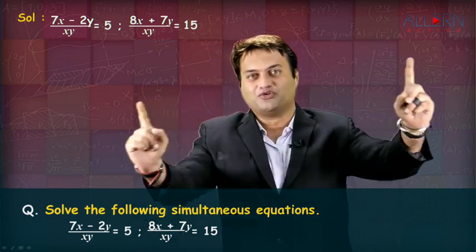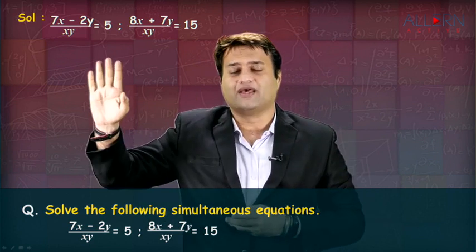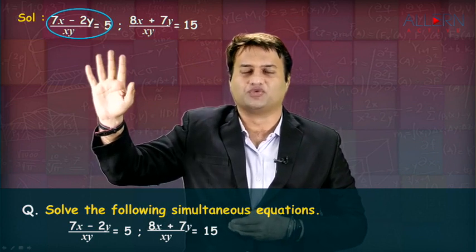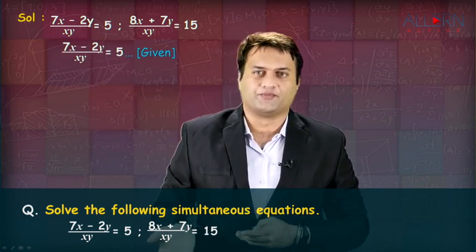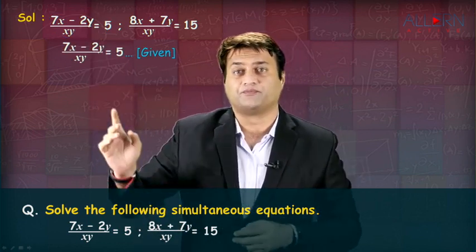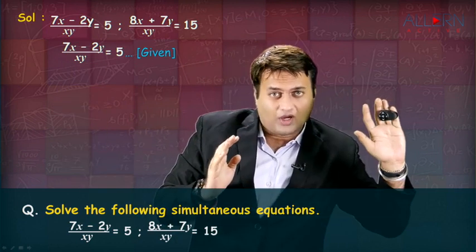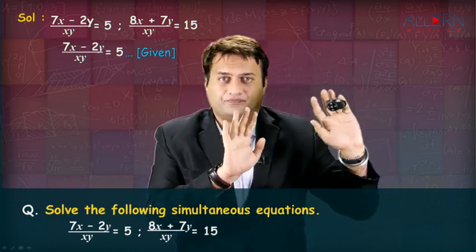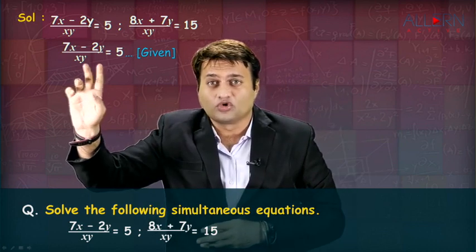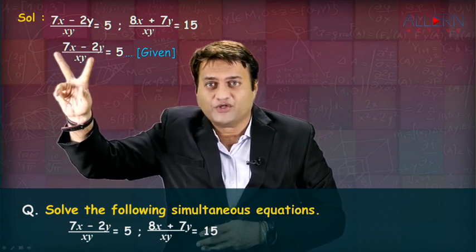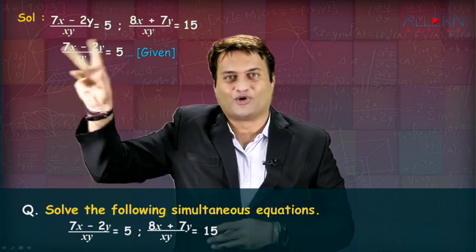Now see, this is how you need to think. There is only one term here, (7x - 2y)/xy. This is what is given to us. What we want is two terms, an upon x term and an upon y term. So we need to split this one term into two so that we get our normal sum.